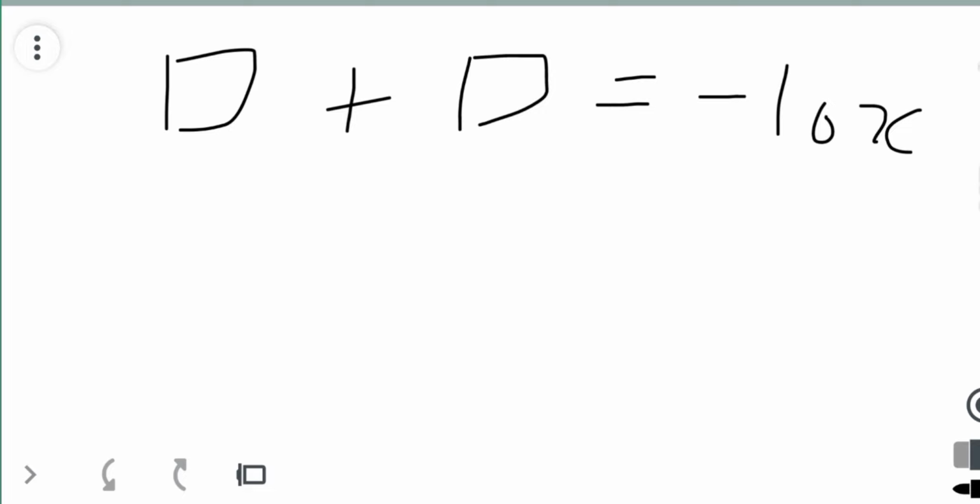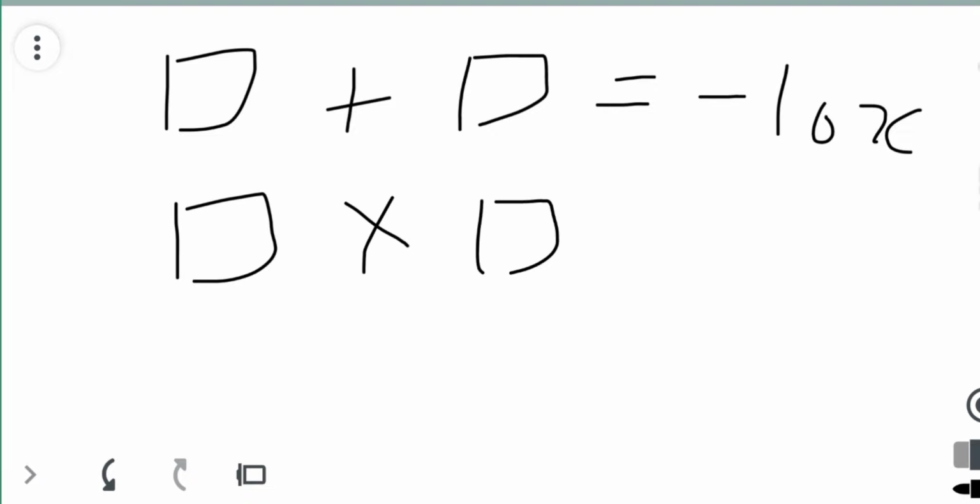We have minus 10x in the middle. So two numbers that when you add them together, you'll get minus 10x. As well, when you multiply those same numbers together, you'll get minus 24x squared. Okay, let me write it here.